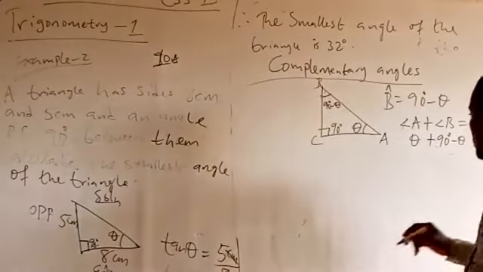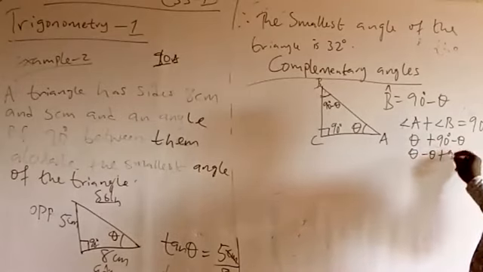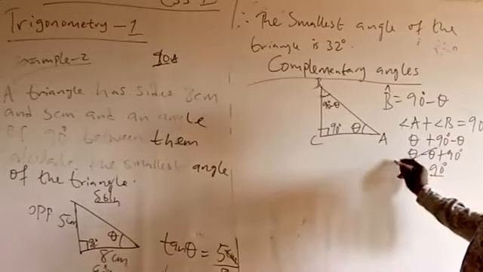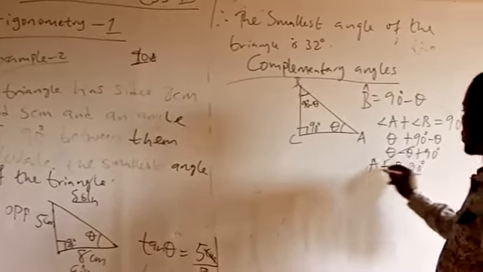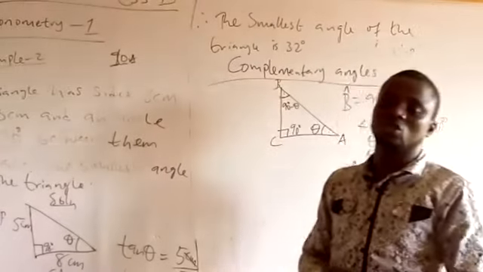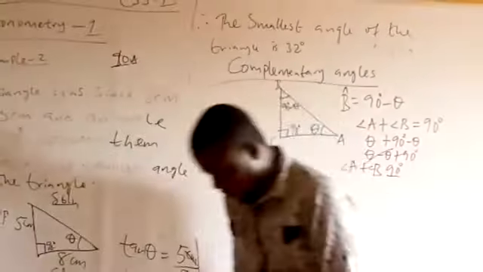If you are following me. So rearrange, you have theta minus theta plus 90 degrees. Theta cancels theta, you have 90 degrees. So angle A plus angle B will give us 90 degrees. They are complementary angles. Alright, so let's take two examples on complementary angles.